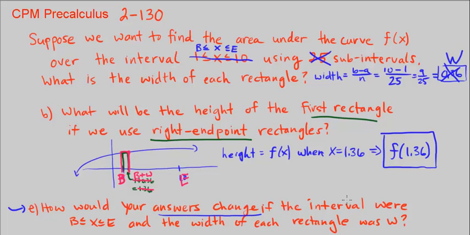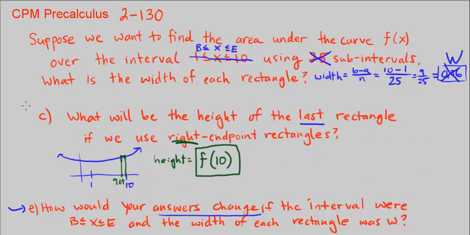So what is going to be the height? It's going to be our function f at B plus W, just like we did here, but instead of having numbers, we have variables B and W. Okay, so you see how that changes?